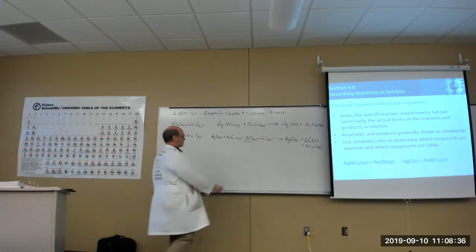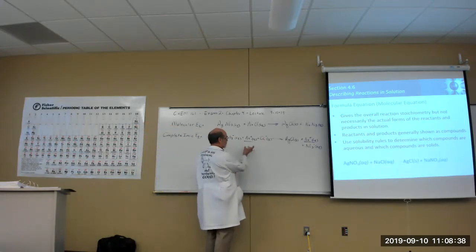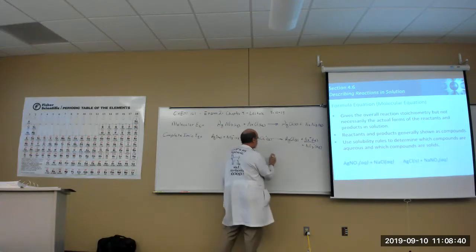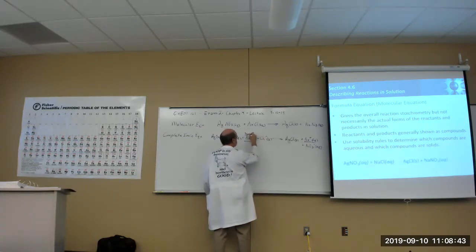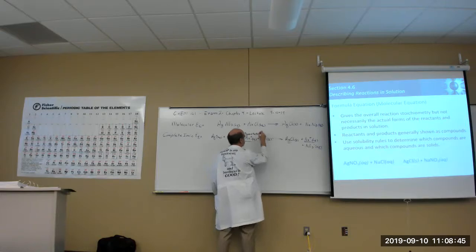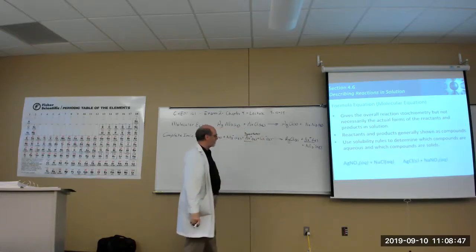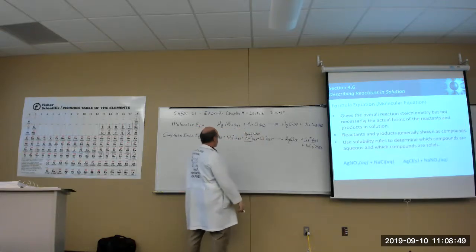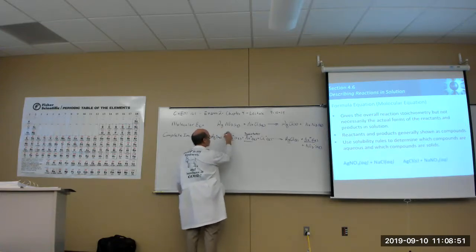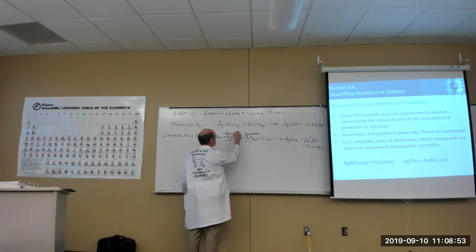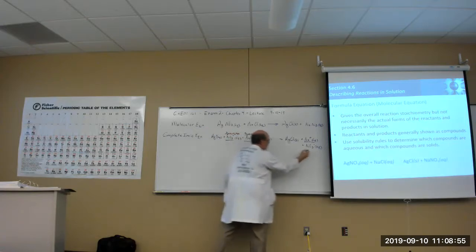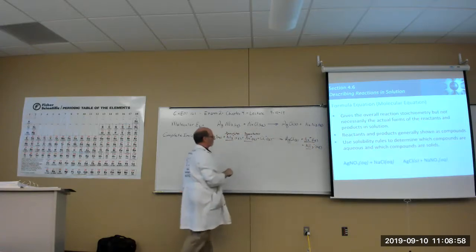Right? There's no change. They're there to start with, they're there at the ending. This is a spectator. It doesn't react with anything. The same holds true for the nitrate. It's also a spectator. Right? Same nitrate here as over here.